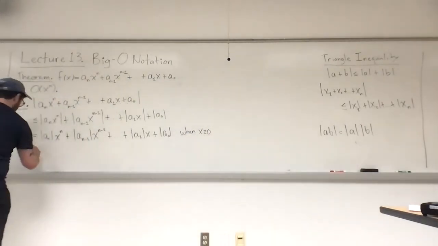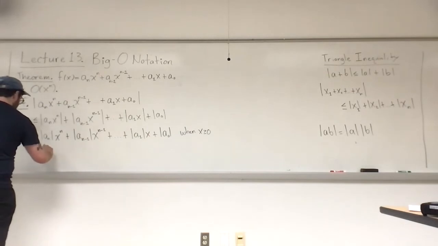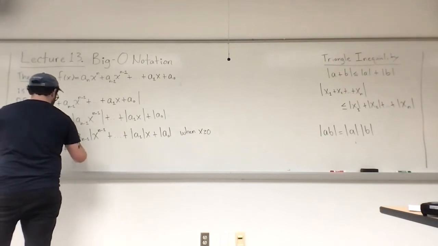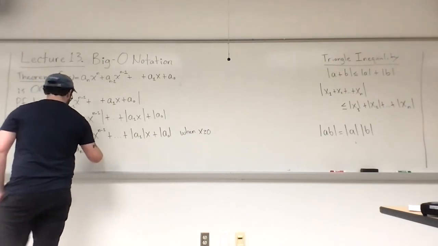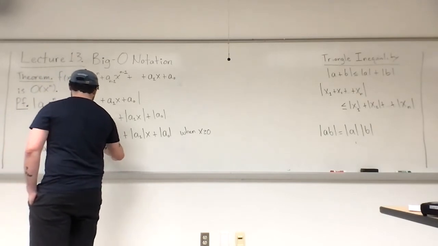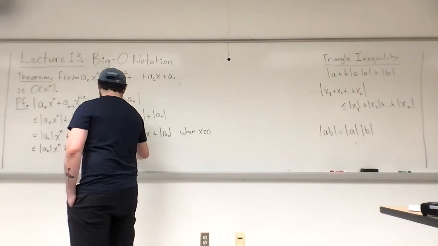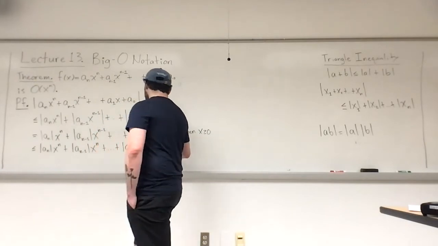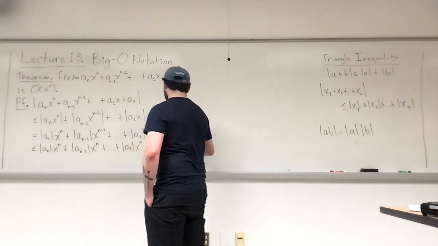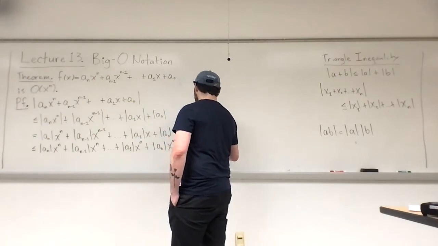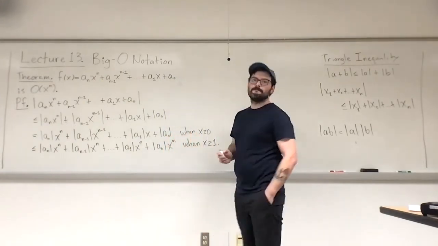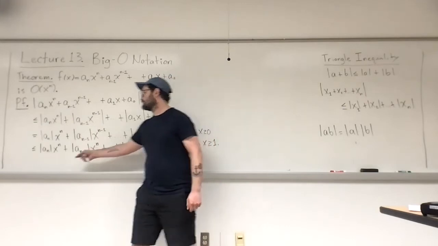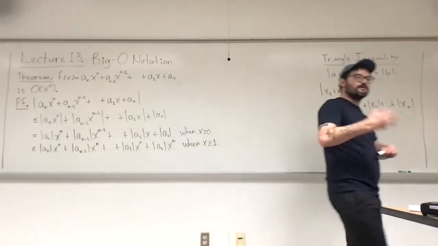So this is at most absolute value of an times x to the power n plus absolute value of an minus 1 times x to the power n plus dot dot dot plus absolute value of a1 times x to the power n plus absolute value of a naught times x to the power n. And that's when x is greater than or equal to 1. So that's greater than that, that's greater than that one, that's greater than that, and so forth, right? Provided x is greater than or equal to 1.